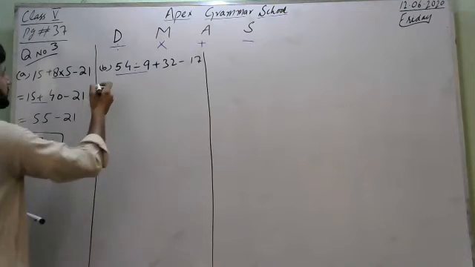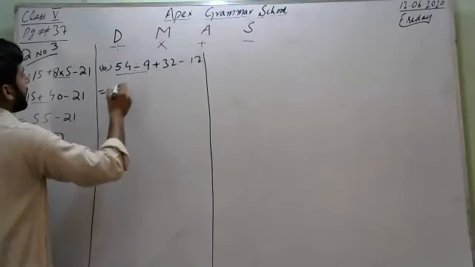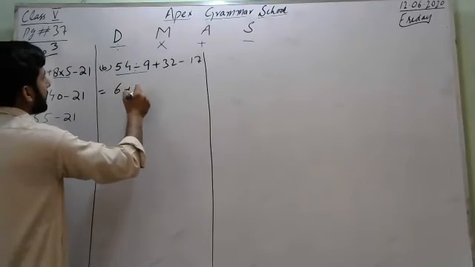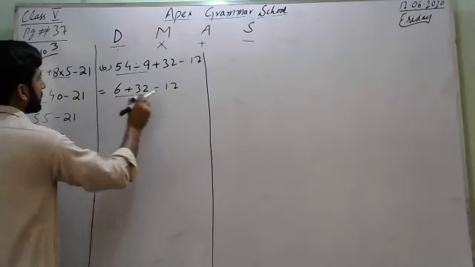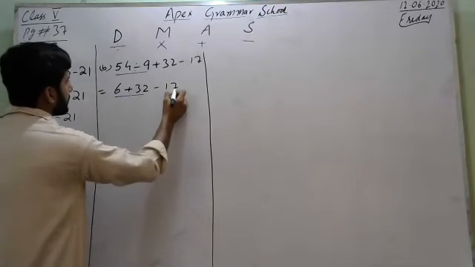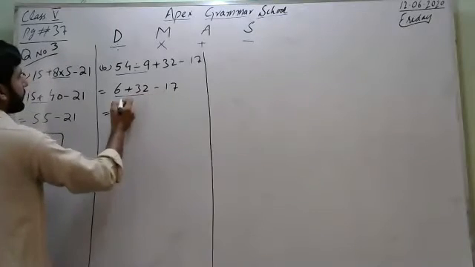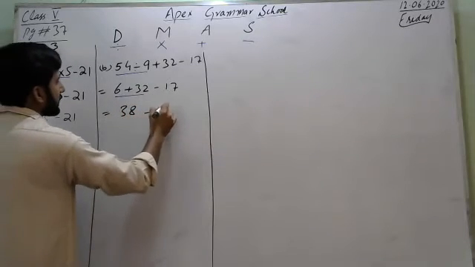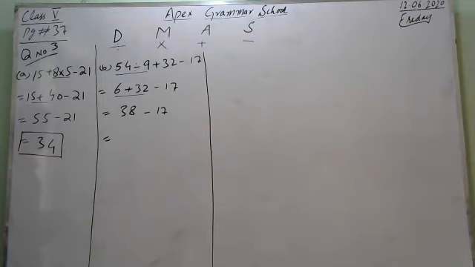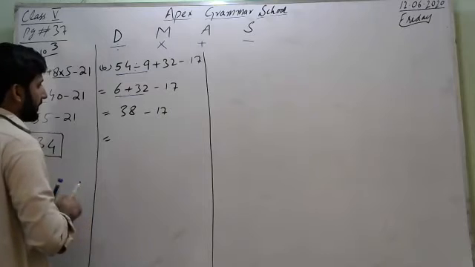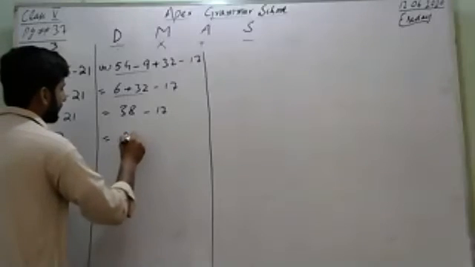Division. 54 divided by 9, 6, plus 32 minus 17. 32 plus 6, 38, minus 17. 38 minus 17, answer is 21.